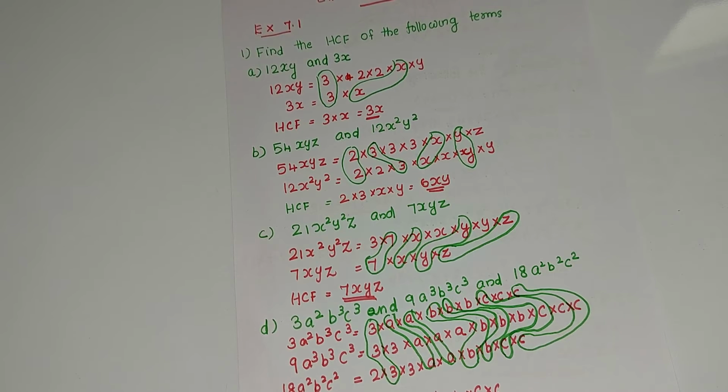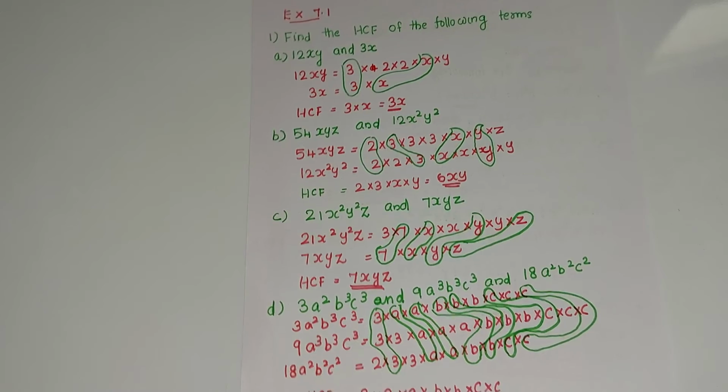So you take one from each pair. So 2, 3, x and y, and taking the product, 2 into 3 into x into y is equal to 6xy, which is the HCF of 54xyz and 12x square y square.